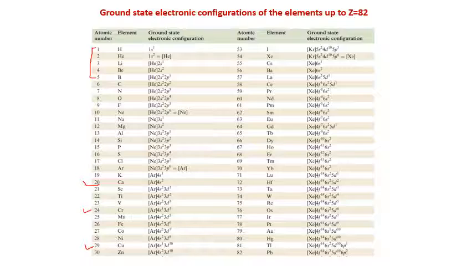So this is another consequence: for d orbitals and p orbitals, when they are half filled or fully filled, they have a much more stable energy state than partially filled orbitals. So to maintain this, here 3d5 means a half filled orbital, and because of the exchange energy, which I will talk about in the upcoming lecture, it is much more stable than the 3d4 configuration.